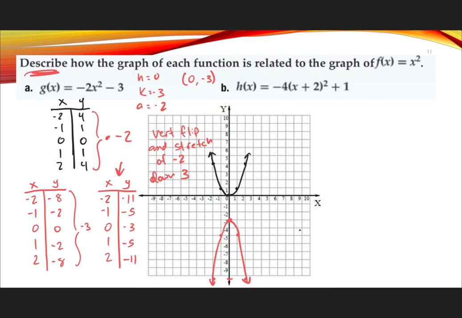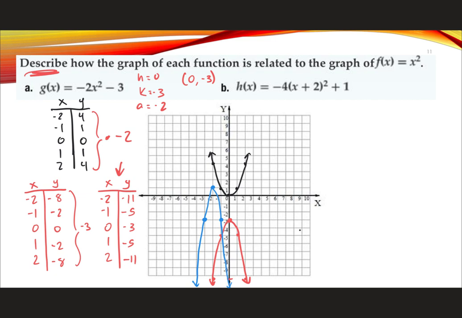I'm going to erase some things so we can have more room, mainly with my descriptive words, and go for it. And here's your blue graph. Now, I ran out of room on my actual graph, so it's not exactly at -4, -15, but we can get close enough. And this is what it looks like. As far as our descriptive words go, we have a lot of things to say because we have all three letters.